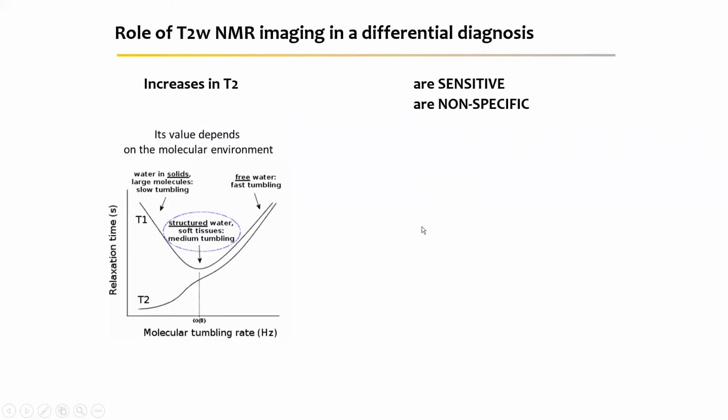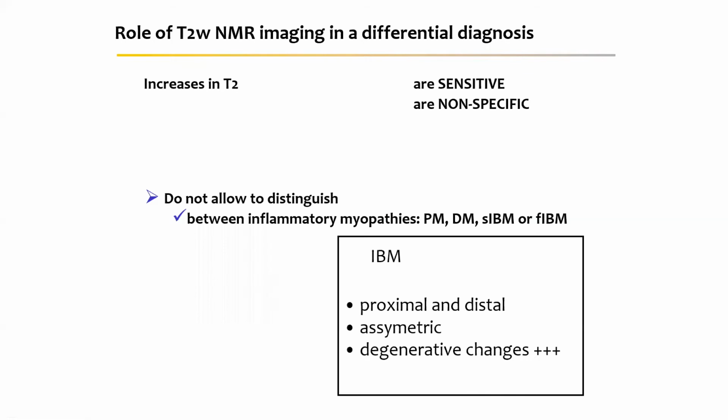So what about T2? T2 weighting is sensitive, so it indicates that something is going on. It's totally non-specific. Why is it so? It's very simple to understand. The water T2 in the muscle tissue mainly reflects the molecular tumbling rate, so the water mobility. And there are a great many conditions where the water mobility can be increased.